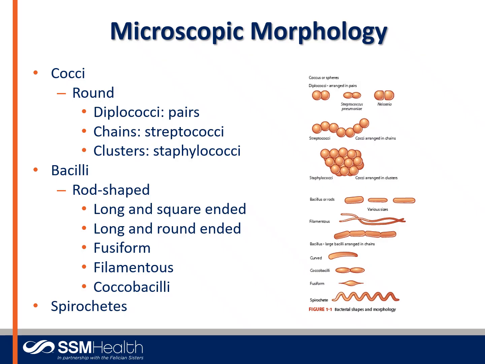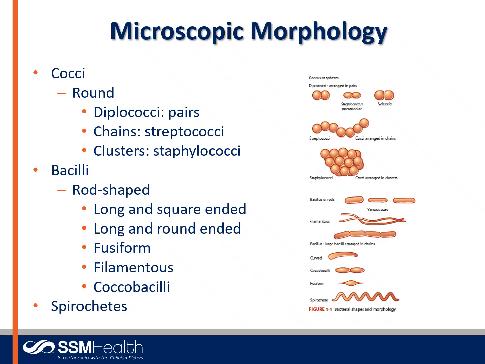And sometimes they're in between a cocci and a bacilli, a little bit rounder but stretched out a little bit. There are certain organisms that are associated with these different shapes, which we'll talk about more later. When we refer to these cocci in pairs, you might see them referred to as diplococci, meaning two.